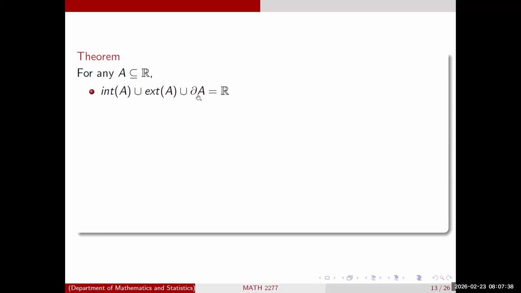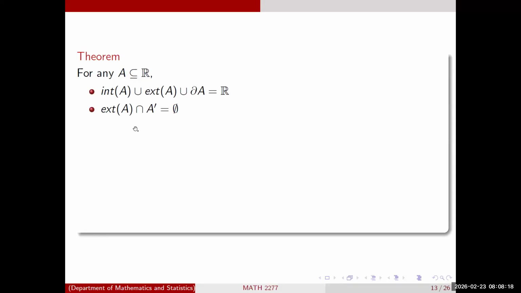In other words, if I tell you I have some set A of the real numbers, and I give you any real number X, then that real number is going to be in at least one of these sets. That real number will either be an interior point of this set, an exterior point of this set, or a boundary point of this set, right? So it's sort of like you're breaking up the real numbers with respect to this set.